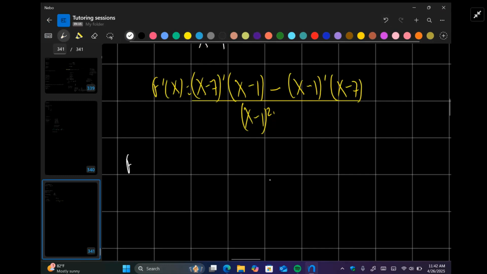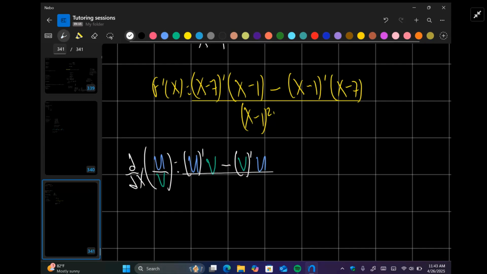The derivative of u over v is u prime v minus v prime u, all over v squared.